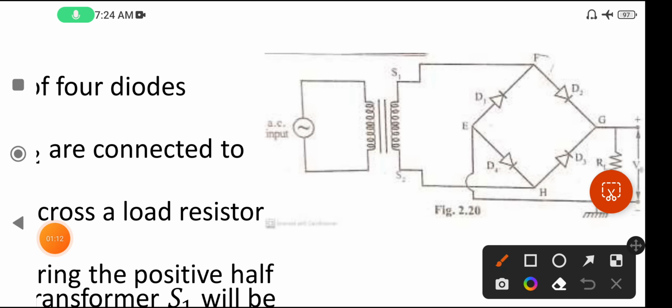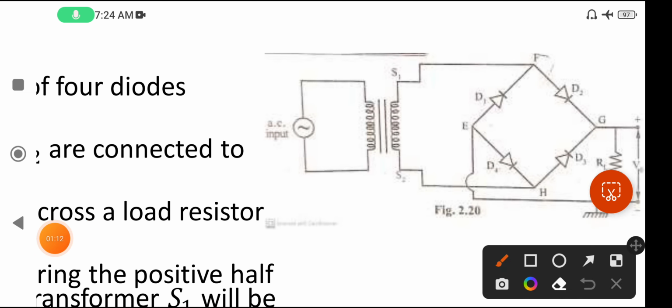So S1 becomes positive, right, and S2 becomes negative. See, let me cross this. So during the positive half cycle only, when the positive half cycle comes, this becomes positive and this becomes negative.